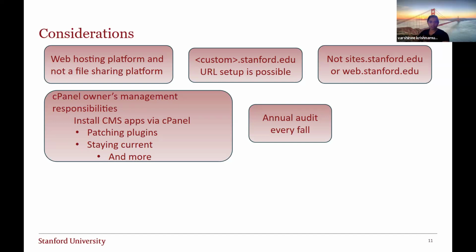If we don't get a response by the end of the audit, after sending multiple reminders, we set a date and start locking the cPanels, and eventually we delete them after giving some time. If you are a cPanel owner, an existing user of Stanford Domains, you might have already seen these emails in the past, or you will see one in the fall this year.